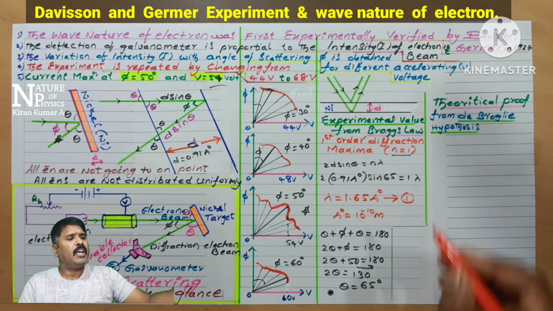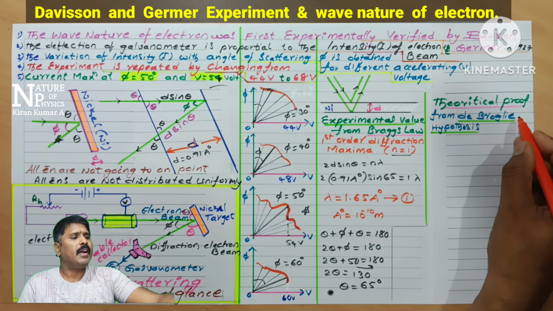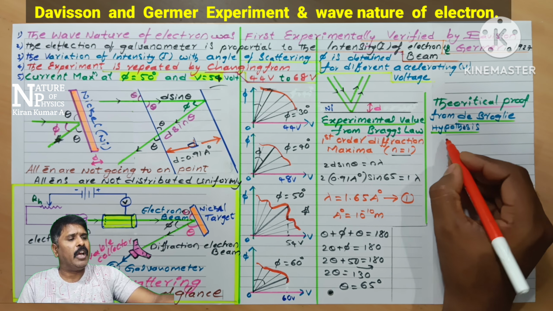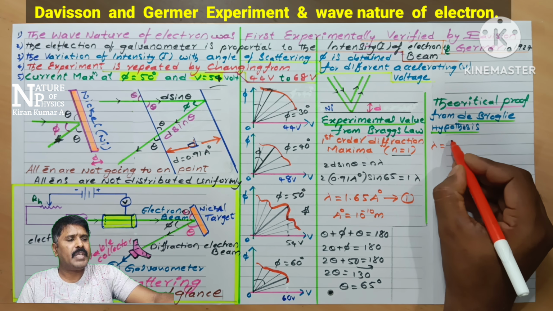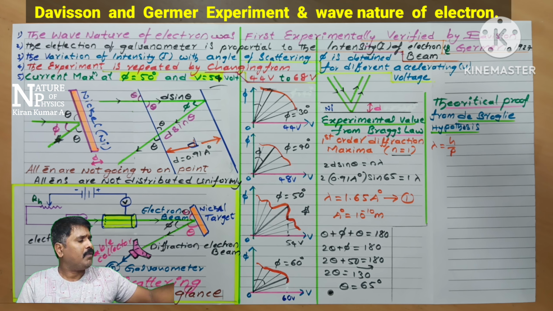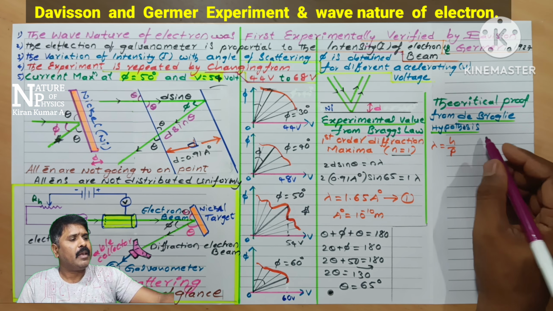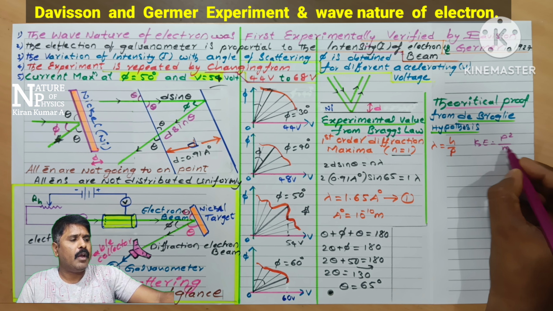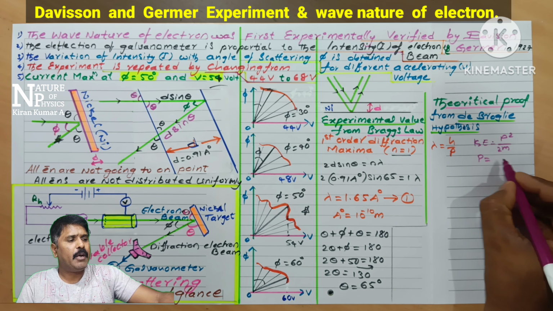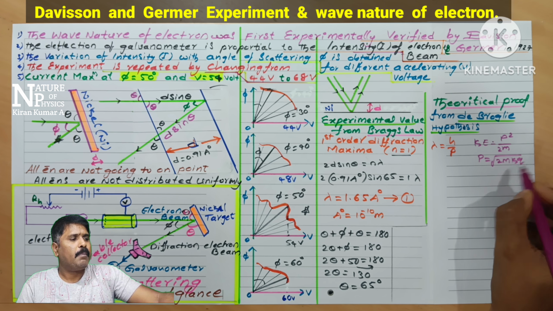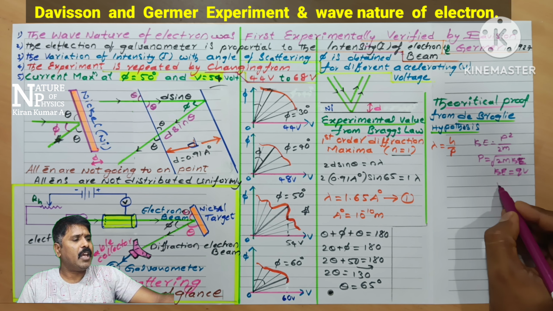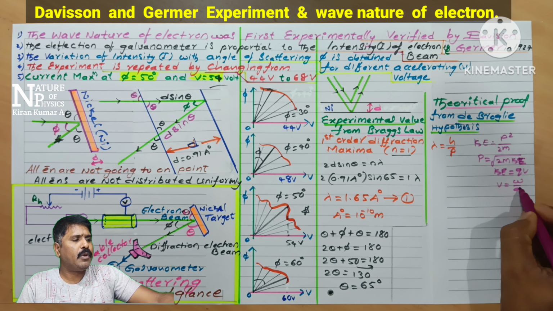Next I'm going to explain the theoretical proof from the de Broglie hypothesis, students. The de Broglie hypothesis equation is lambda equal to h by p, student. From the basic equation, KE is equal to p square divided by 2m, student. So the momentum is equal to root over 2m KE, student. And the KE value is equal to qV, because from the basic equation V is equal to W by q, student.